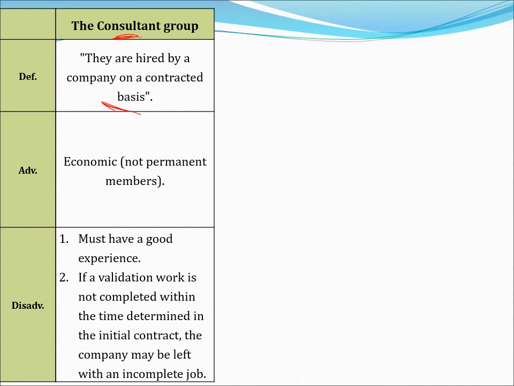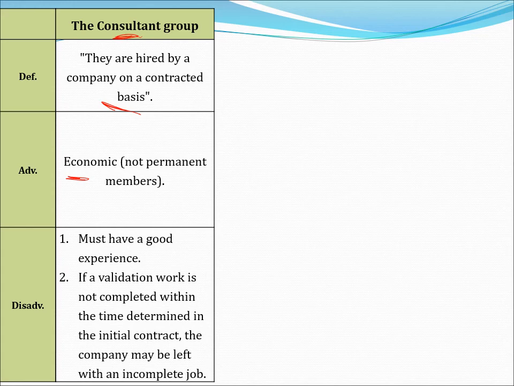You are saving time, and instead of having a team taking a monthly salary, even if there is no validation work, you are hiring people whenever required. If you want to make validation this month, you will hire the team for this month only, for 2 weeks or 3 weeks, and after the validation work is finished, they will leave, and so you will save money.